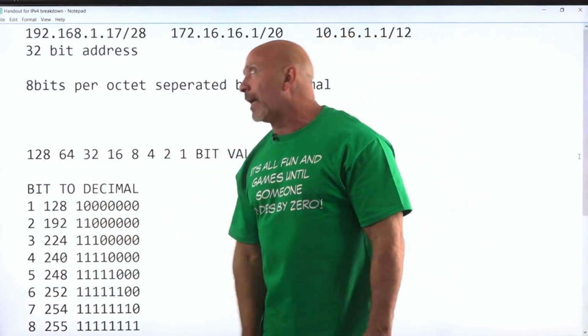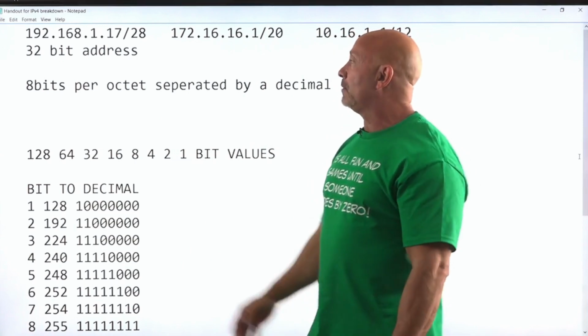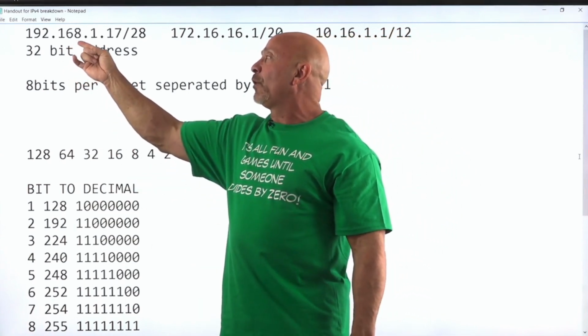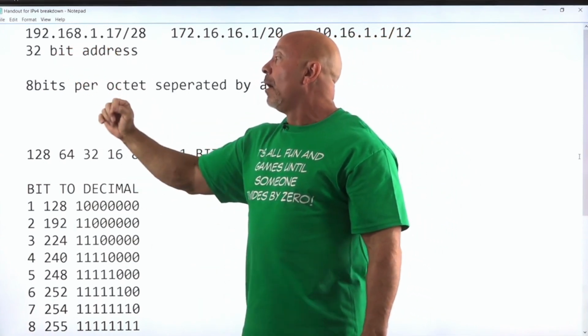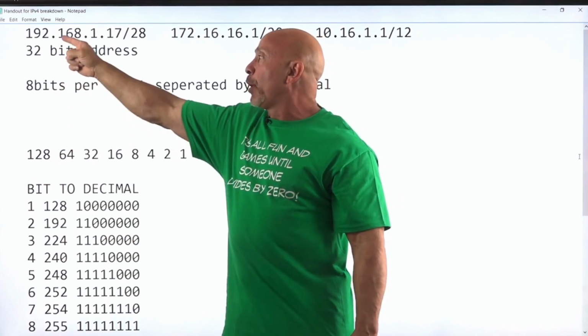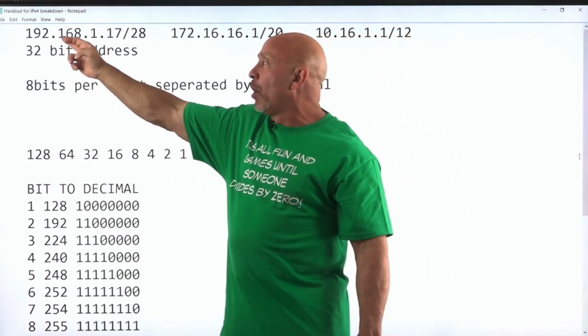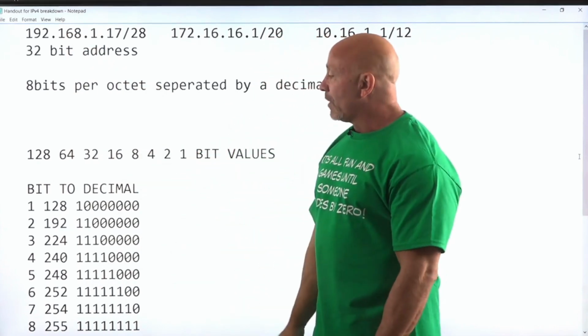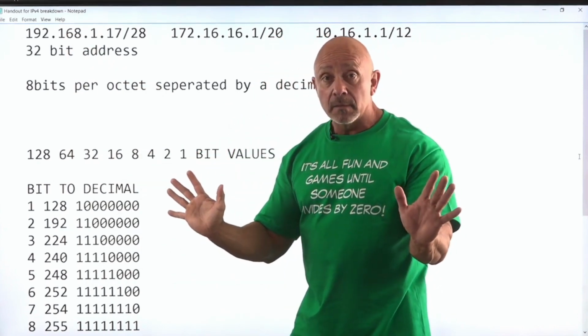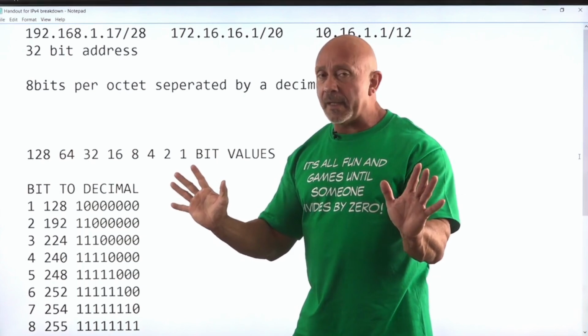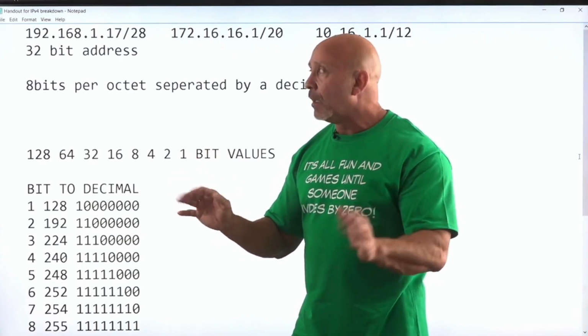We also know that, or we will know after now, that an IP version 4 address is 32 bits. Why? Because it's 8 bits per octet, all right, and it's separated by a decimal. Now, there's new terminology that they've put in here. Now we need to memorize this, okay?